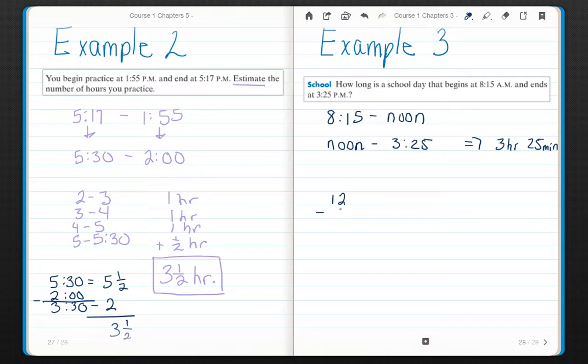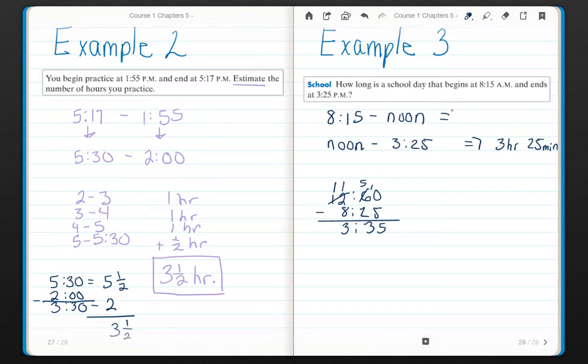I can take 12 minus 8:25. I can't subtract nothing, so this becomes 11 and 60. This cannot become 100. This has to become 60. Think of it like a fraction. There are 60 minutes in an hour. So 60 minutes minus 25 minutes, that I can do. 35 minutes.